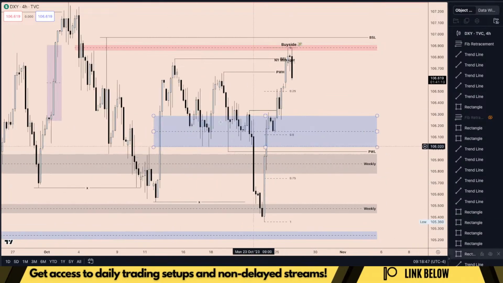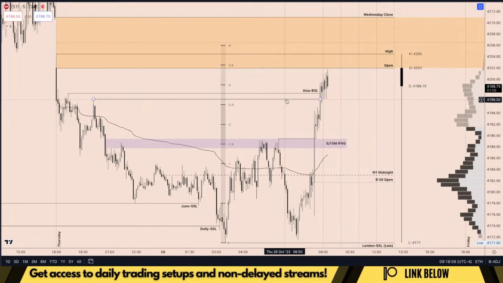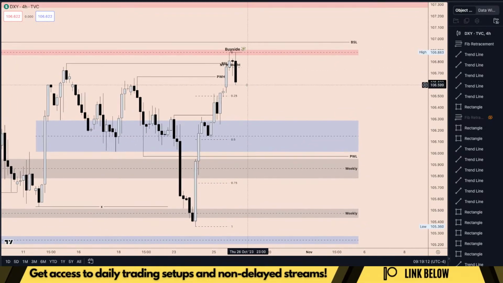Free drive slower. But I think to expect a retracement on the DXY, at least for today, a continuation of that retracement would help us on the S&P to continue higher, but we're already almost at the high of the day. We're not that far away anymore, only 7 points or 6 points now. Tough one.